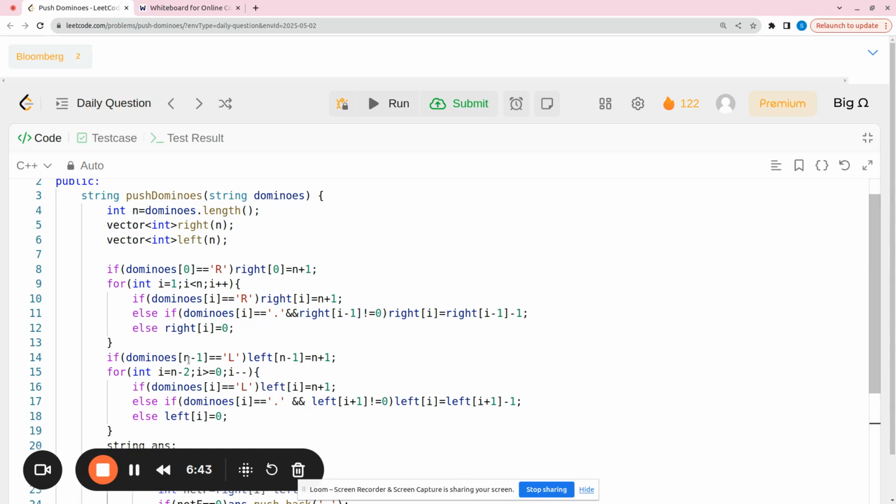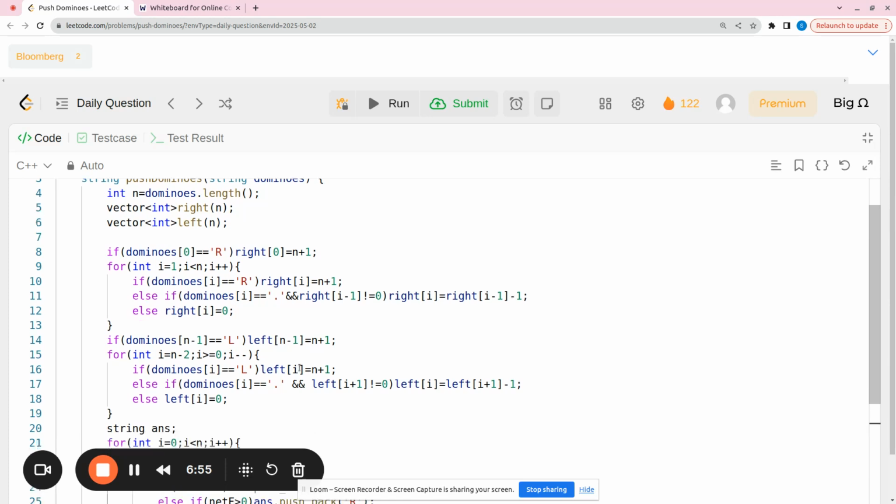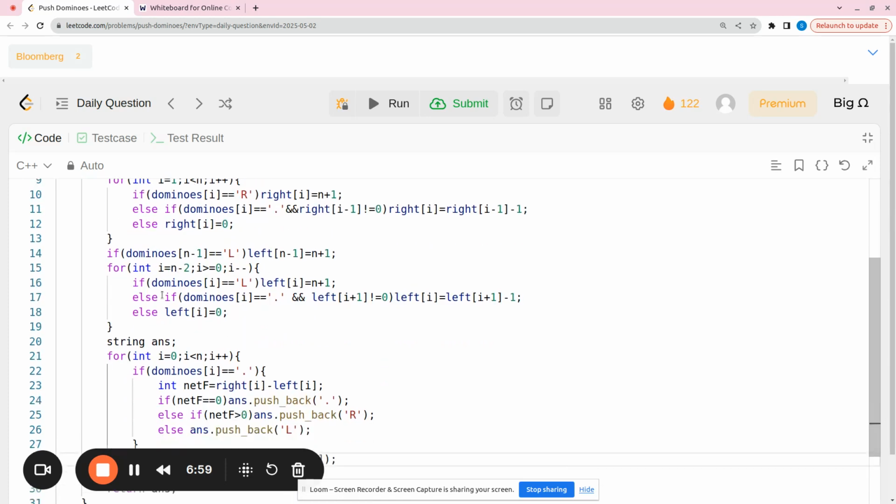Now, if the n minus 1th indexed domino is pushed left initially, it will have the maximum magnitude. So we'll do left of n minus 1 equal to n plus 1. Now we'll start traversing in a loop and fill the left vector. If any domino is pushed left, it will have the maximum magnitude, its magnitude is renewed, so left of i equal to n plus 1.